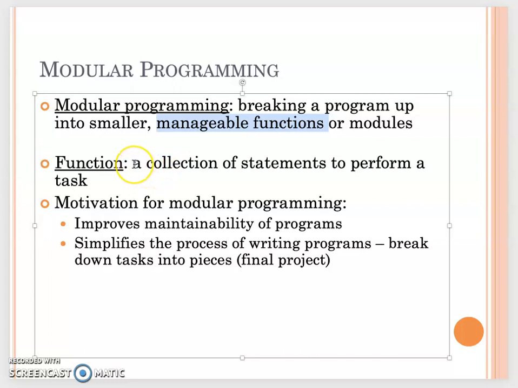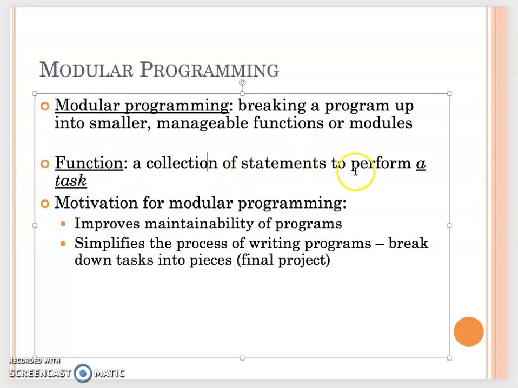But then I want you to find the sum from 100 to 200. Then you need to write another for loop with i equals 100, i less than or equal to 200. Those are repeated codes performing the same task, so we can write a function. You can see only the beginning and the end values are different, but you only need to get the sum. That's why we call it a function.